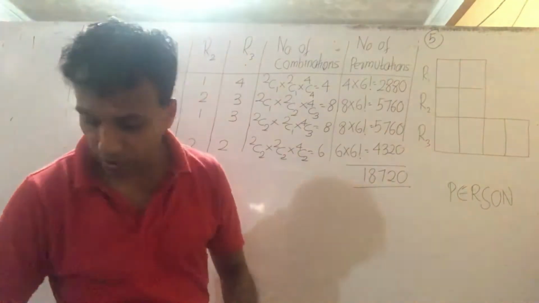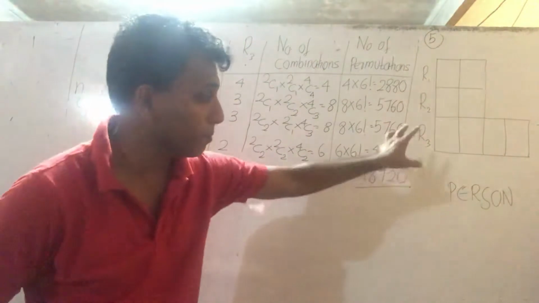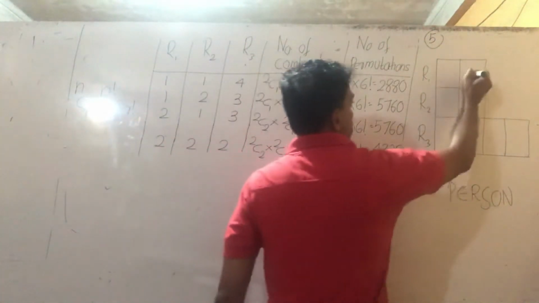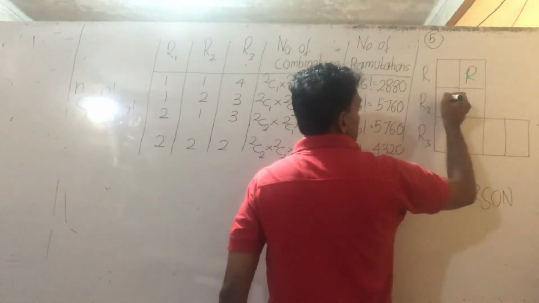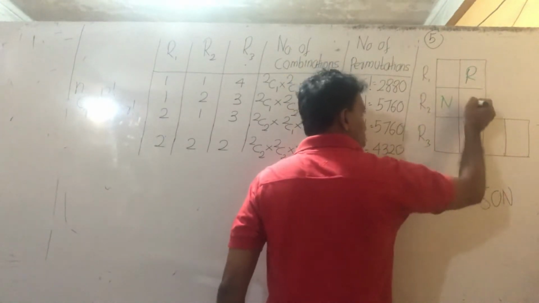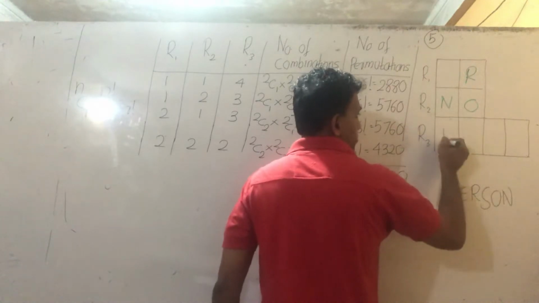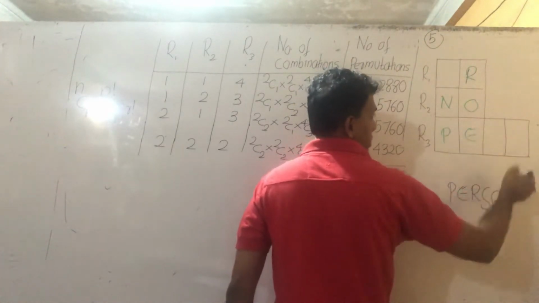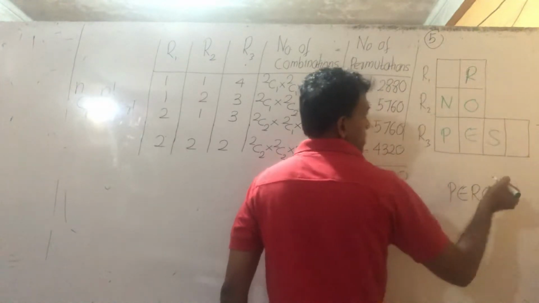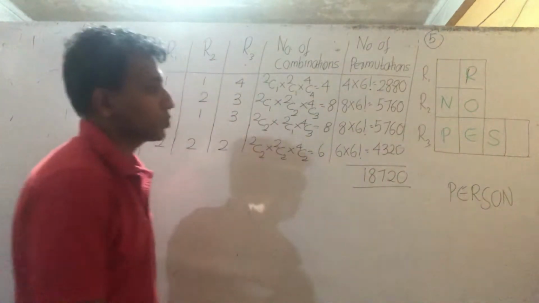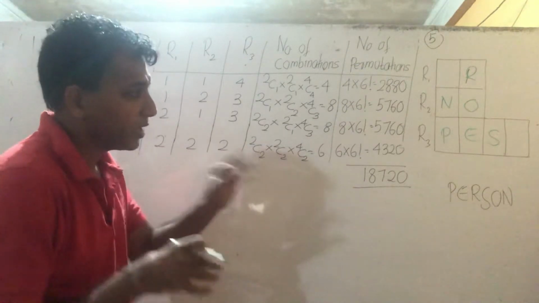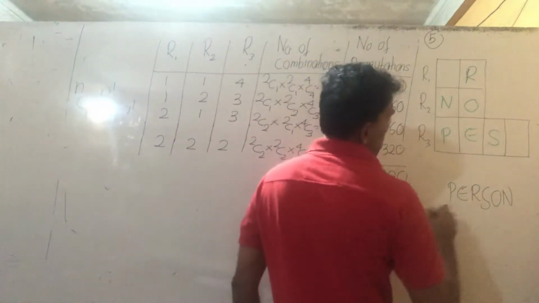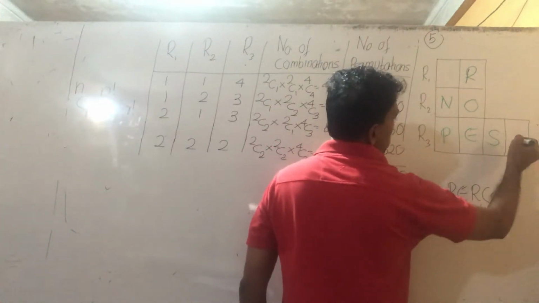So for example, if I show one arrangement, applying the cages, I put R here, N here, O here, and P, E, and S. So totally every letter should be there.